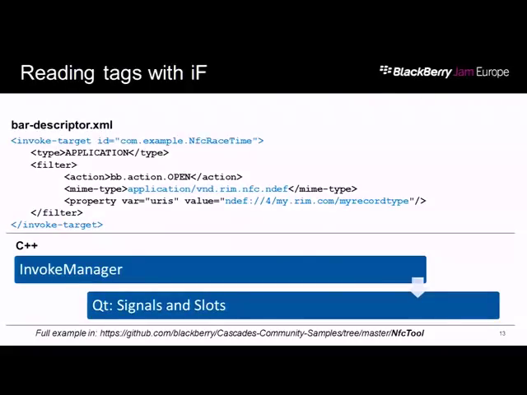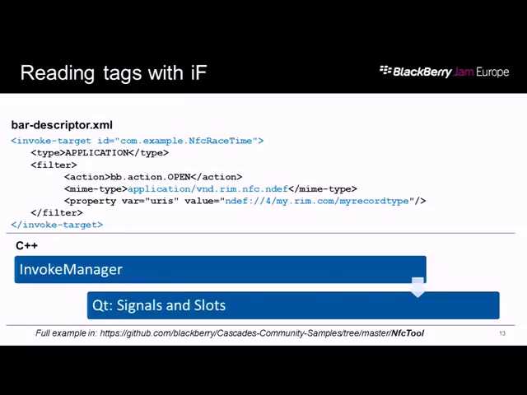Points to note: we say we're prepared to open NFC tags. This is basically how we establish this particular relationship with the Invocation Framework. The MIME type there identifies the fact that we're capable of handling NDEF data, NFC NDEF data.